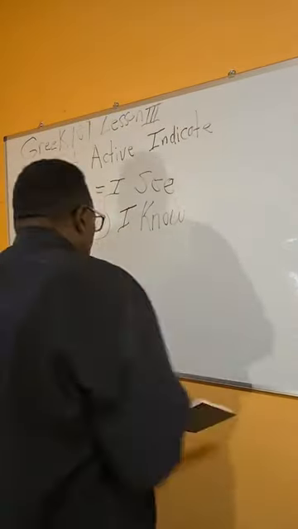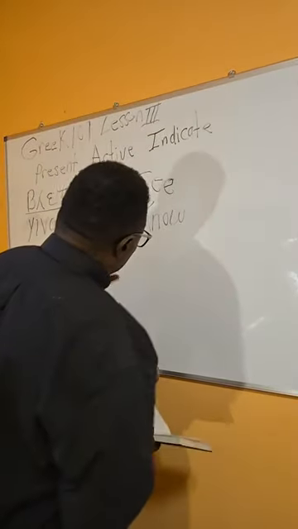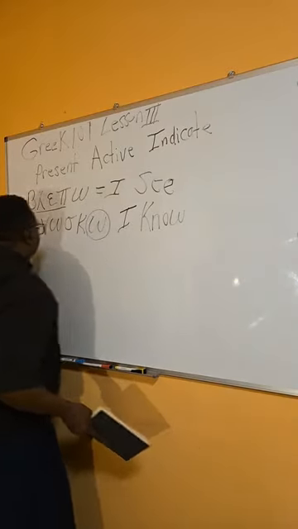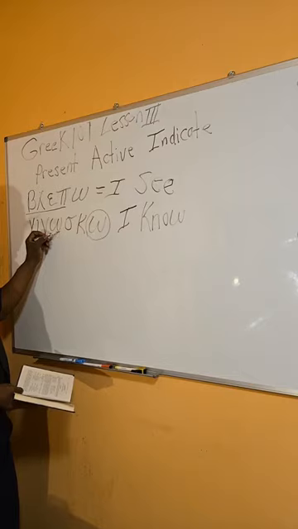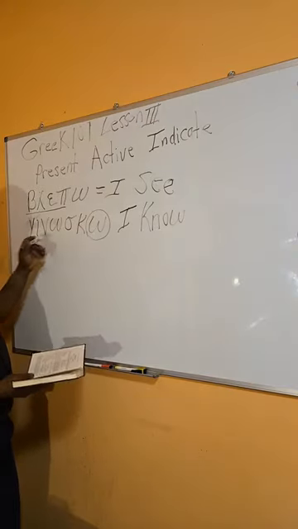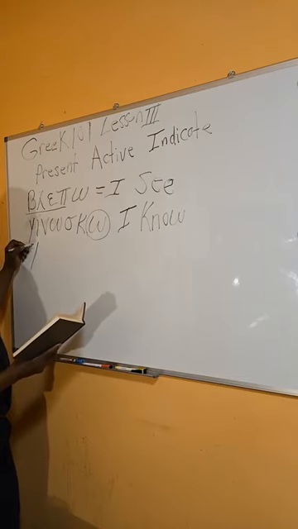So, gnosko really means I know with comprehension, or I know experientially. So, we don't have to get too technical here. It says, I know. So, look at these Greek words now. Gnosko. See that O and that omega? Gnosko means I know. These are the first Greek words you're going to learn.